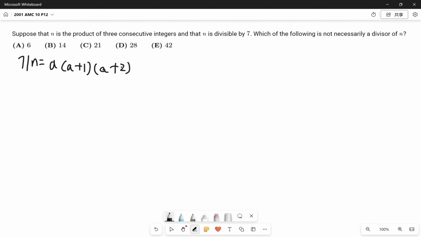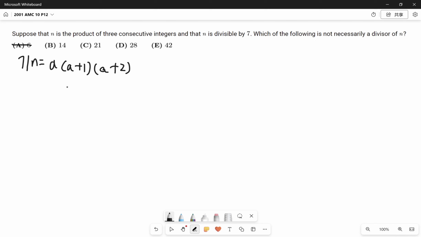For example, if you take any set of three integers, 3, 4, 5, 1, 2, 3, 10, 11, 12, 101, 102, 103, one integer in all of these sets will be divisible by 3. So if a number is divisible by both 2 and 3, then it's obviously divisible by 6. So yes, 6 is a necessary divisor of n. So n is divisible by 2 and 3.